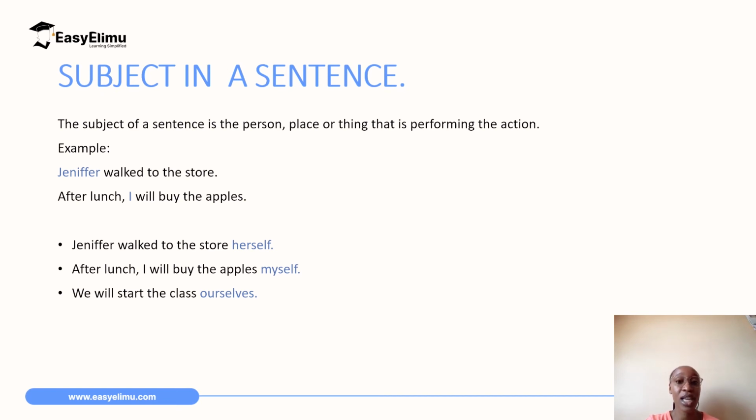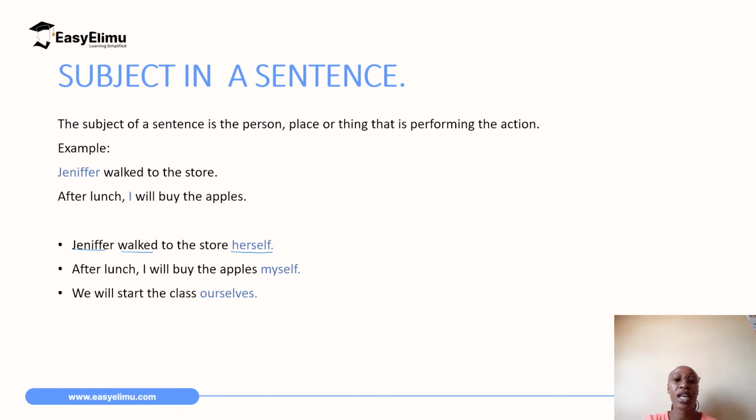So with that understanding, let us go back to reflexive pronouns. And so Jennifer walked to the store herself. We have said that the subject is Jennifer. The action is walked. And herself here is the reflexive pronoun.